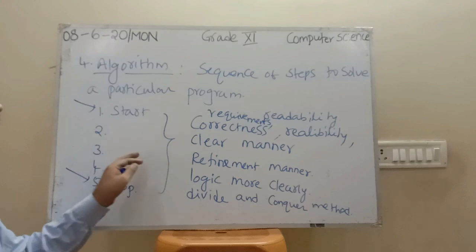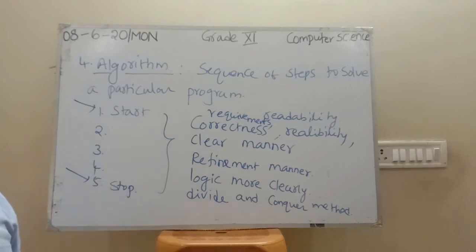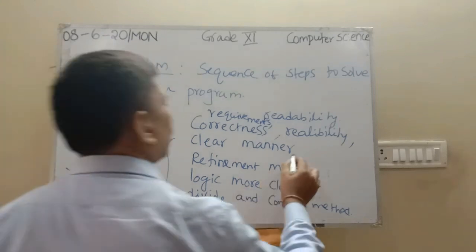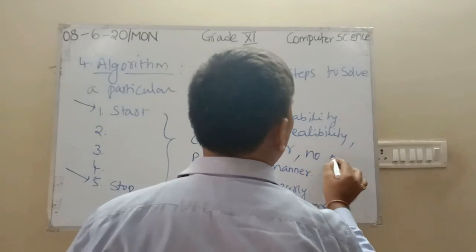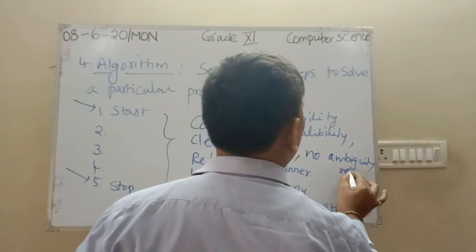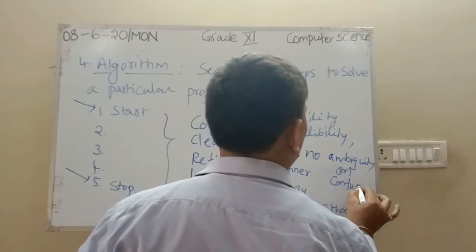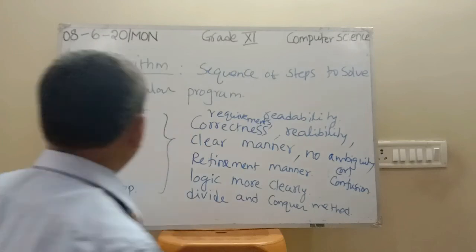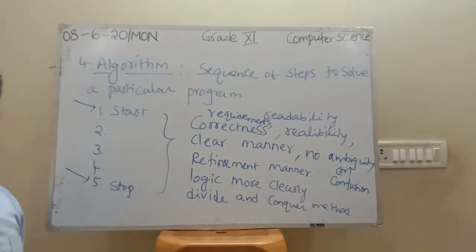So we maintain readability and reliability in a clear manner. Clearly we define all the steps, with no confusion or ambiguity. No step contains any ambiguity or confusion, so we define all the steps in a more clear-cut manner.